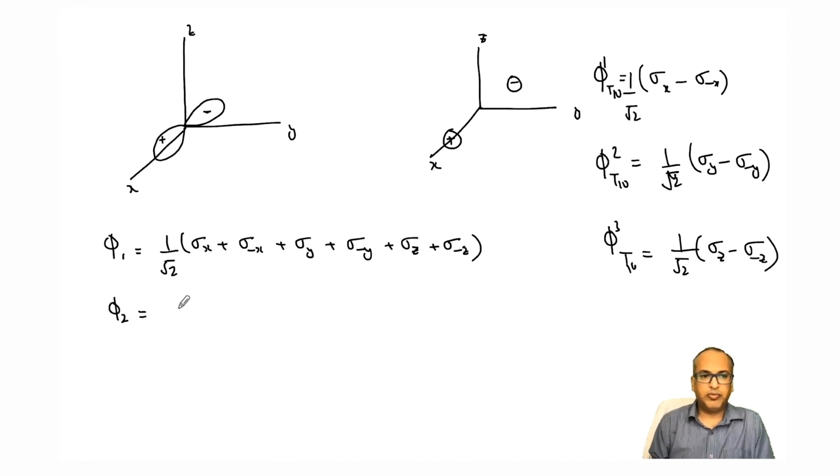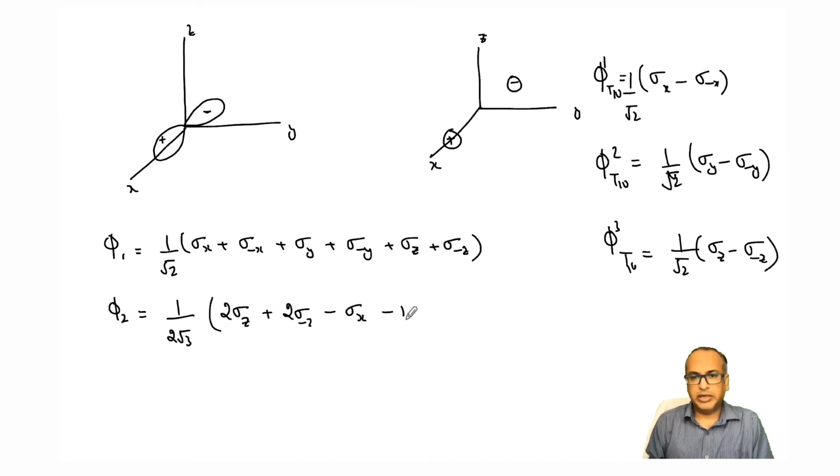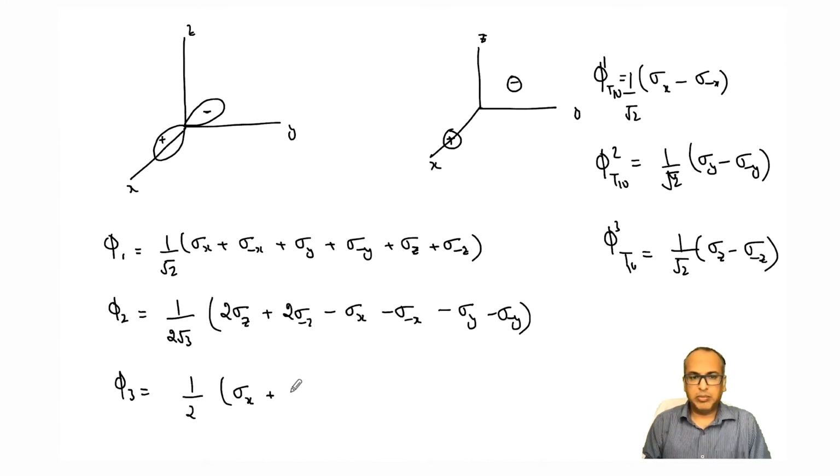Phi 2 was 1 over 2 root 3, this is 2 sigma z plus 2 sigma minus z minus sigma x minus sigma minus x minus sigma y minus sigma minus y. And the third one was 1 over 2 (sigma x plus sigma minus x minus sigma y minus sigma minus y), and 3 are written here.